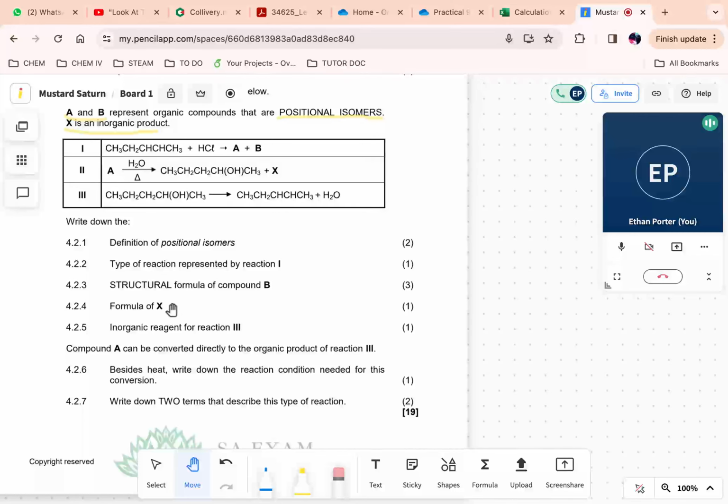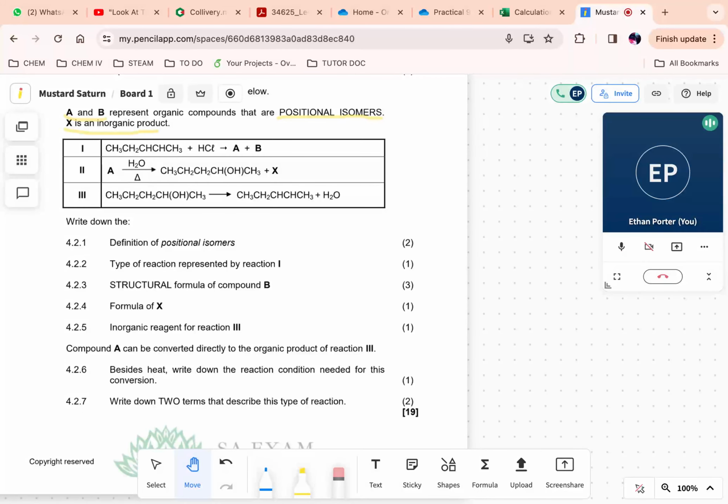write down the formula of X. So what is X? We have some starting molecule where we know what A is. It's this molecule with HCl added across it. So it's a haloalkane, and then it's reacted with water and heat.